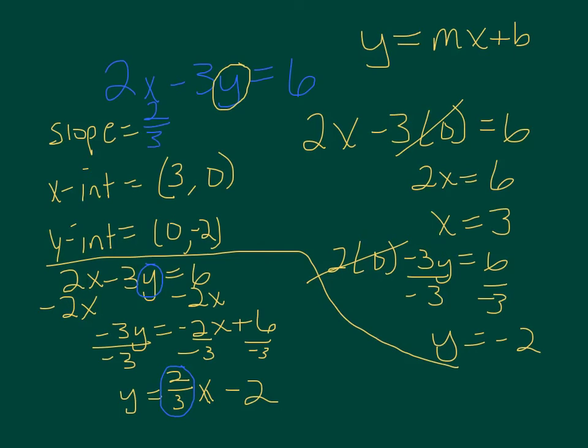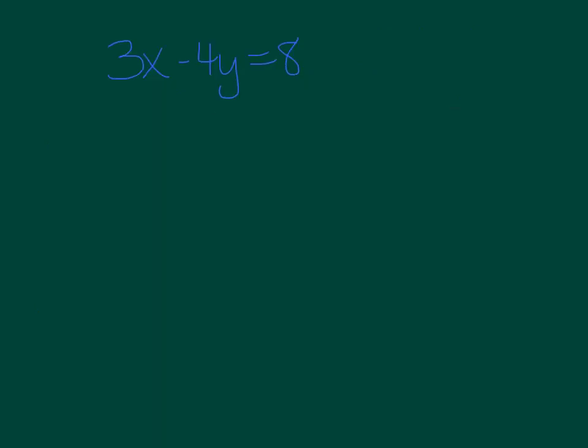Let's look at that one again. So we have 3x minus 4y equals 8. So I'm looking for my slope, my x-intercept, and my y-intercept. Since this is in standard form, I'm going to find my x and y-intercept first by making my y 0 and then making my x 0.